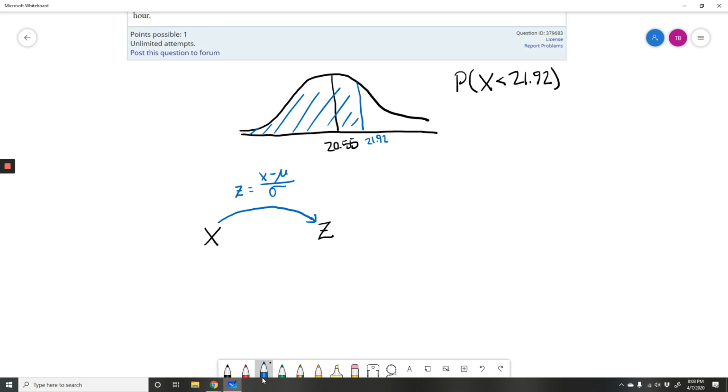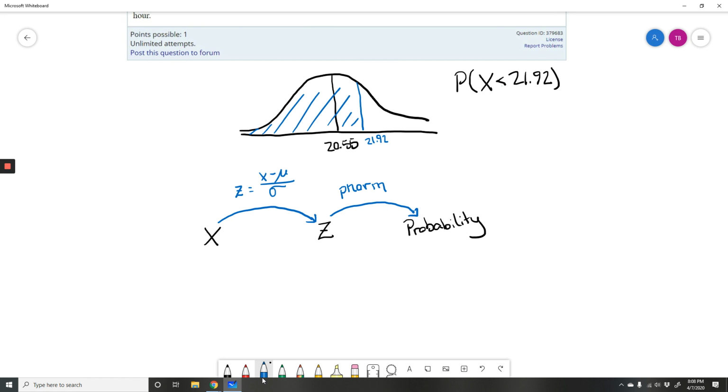Once we have our Z-score, we can find the probability, which is what we're looking for, using the pnorm function in R. Okay, so that's our strategy here.